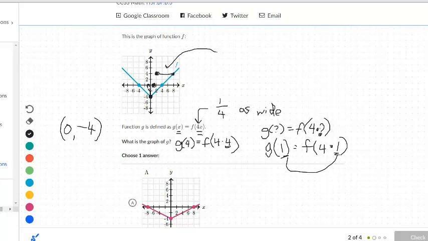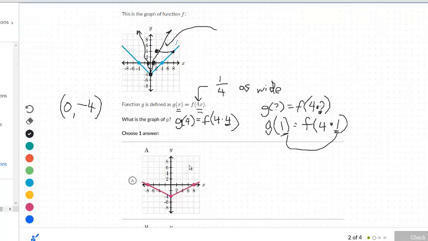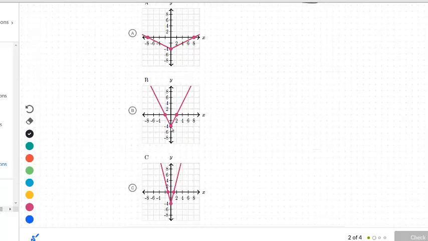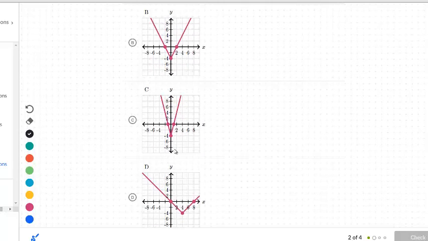Alright, so I should see a super duper skinny V-shaped graph going on like here, with my vertex still at 0, -4, and everything squished in skinnier. So vertex at -4, vertex at -4, vertex at -4.